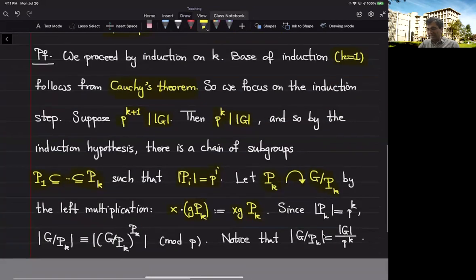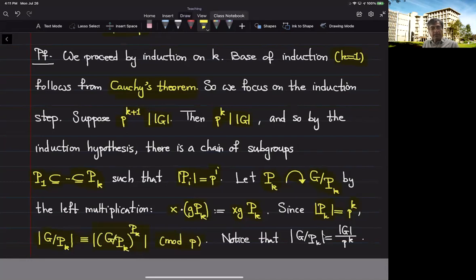Now, because the cardinality of P sub k is a power of the prime number p, I can use the result that we proved about fixed points of groups whose order is a power of a prime, and deduce that the cardinality of this set is congruent to the cardinality of the fixed points of this action mod p.